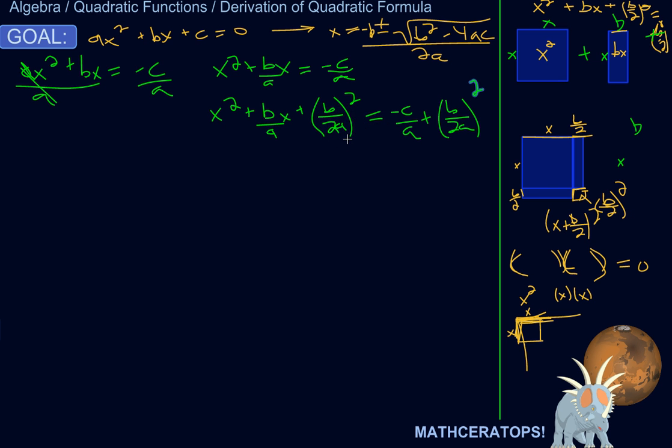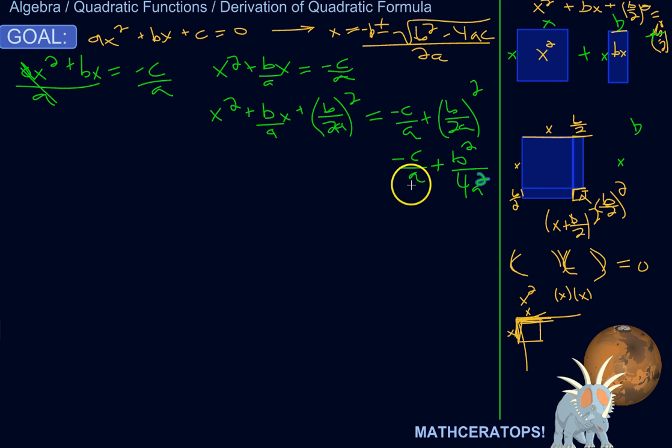Okay, now let us go ahead and simplify this stuff. Let's do that. b over 2a squared. So you've got minus c over a plus b squared over 2a squared, which would be 4a squared. 2 squared is 4, a squared is a squared.